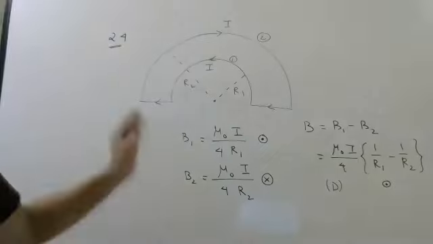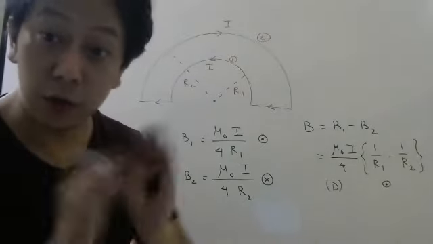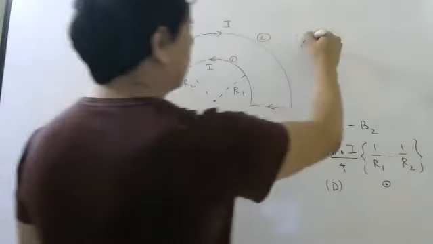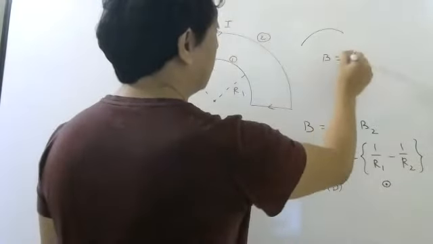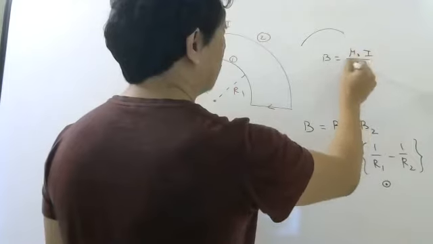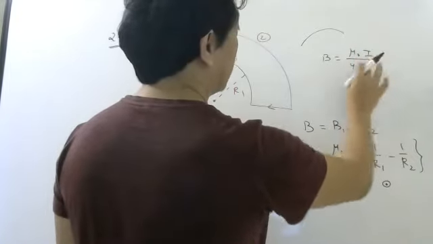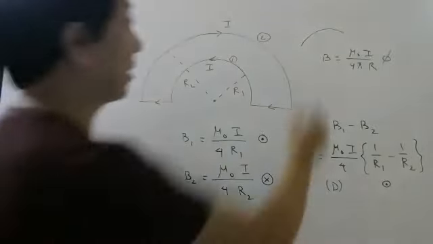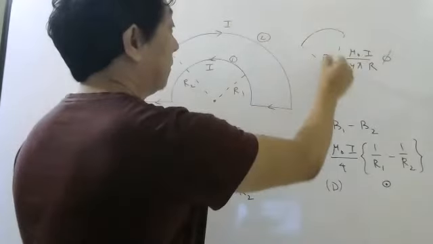Simple problem. Just remember the formula for semicircle. You can apply the formula for arc also. For arc, what was the formula? Mu naught by 4 pi, I by r into phi. This was the formula for arc. Correct?